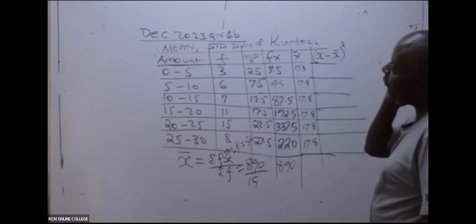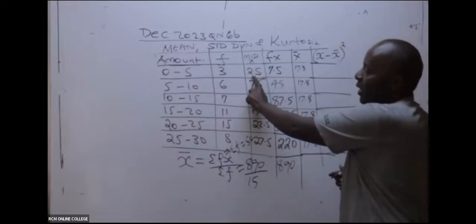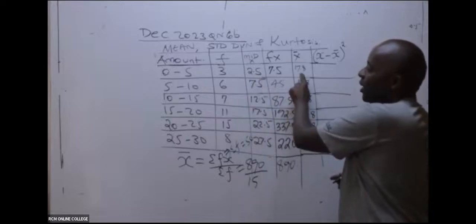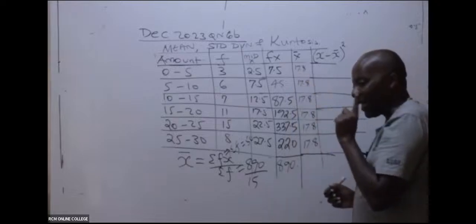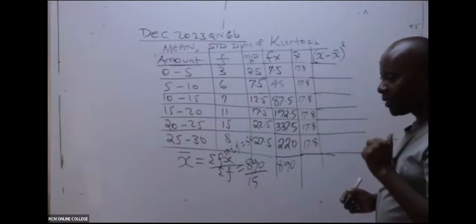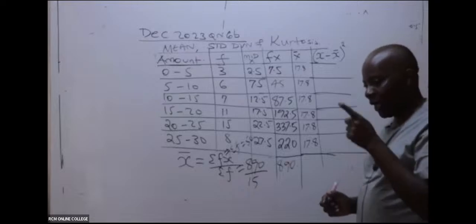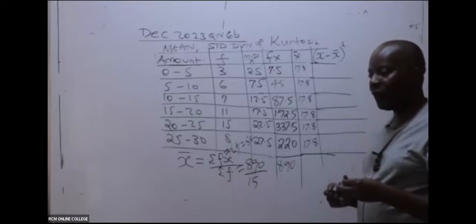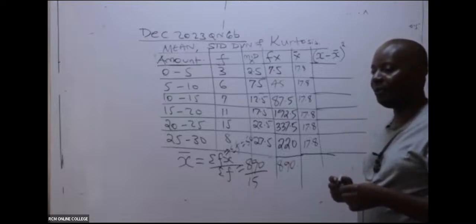So in this case here, the first x is 2.5 minus this x bar. So you say 2.5 minus 17.8. Whatever answer I get, I square.